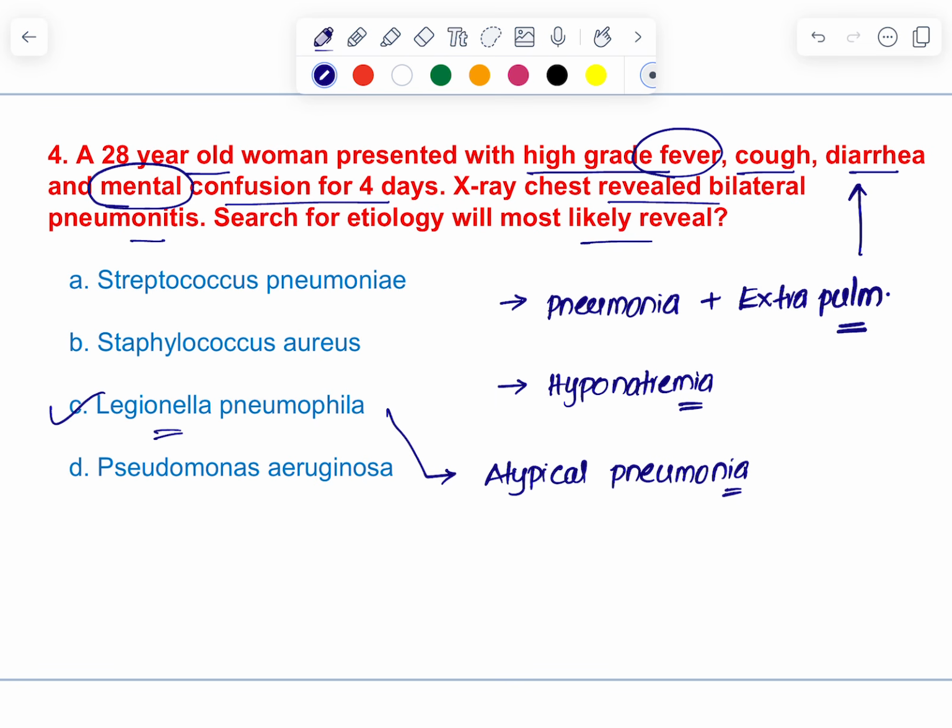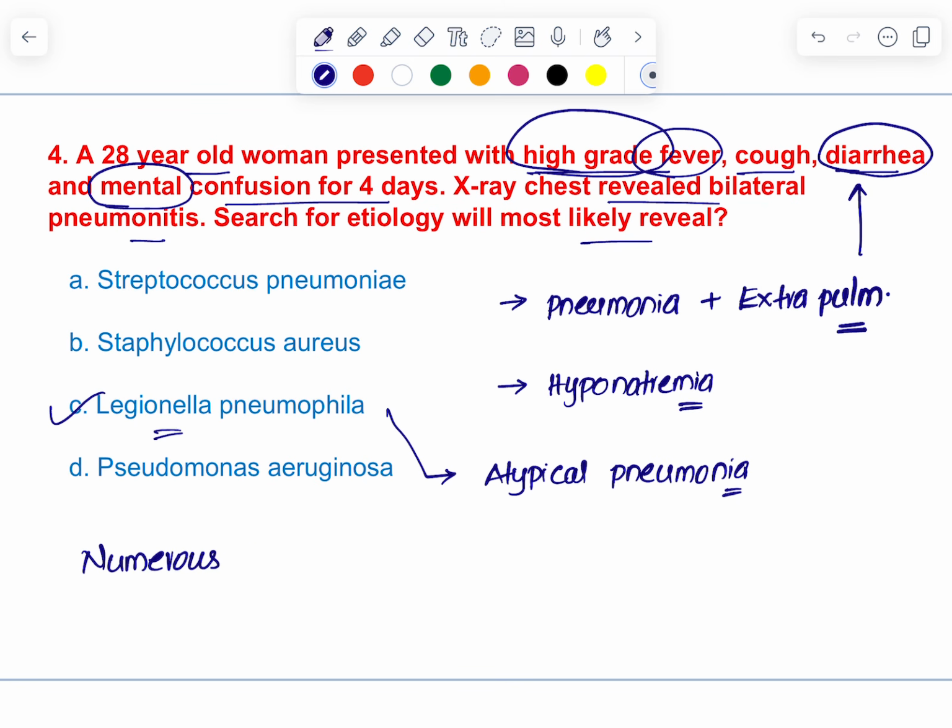Right, it is azithromycin. Now there are certain clues suggestive of Legionella pneumonia. First clue is diarrhea. Second important clue is high grade fever. And when you do a complete blood picture, you will have neutrophilia.